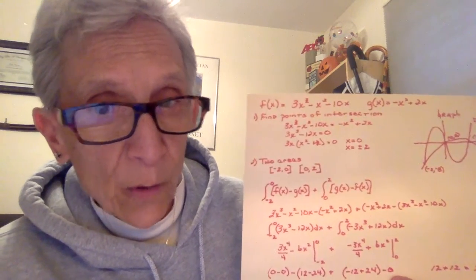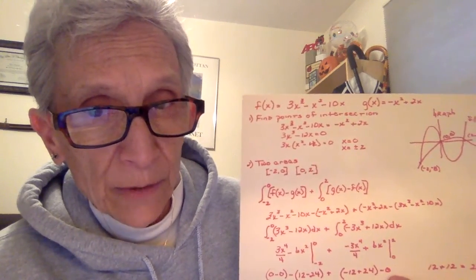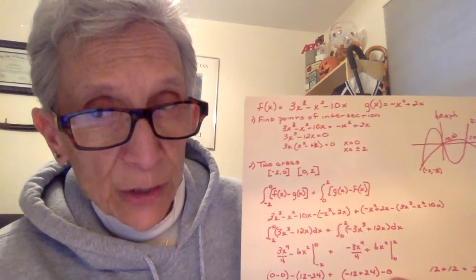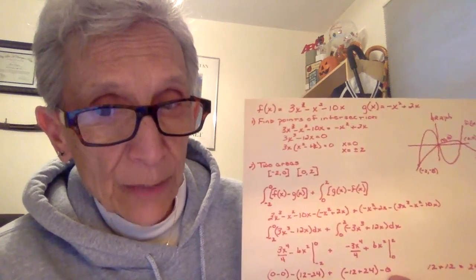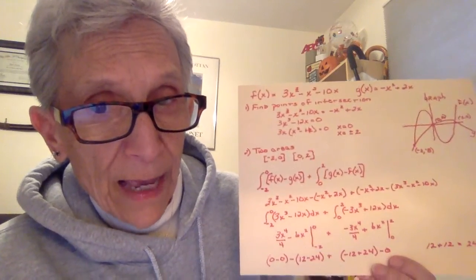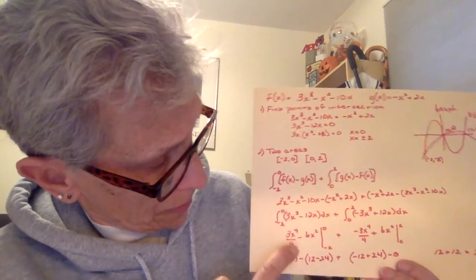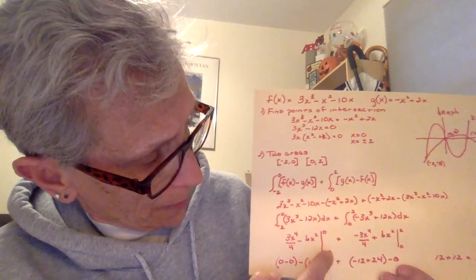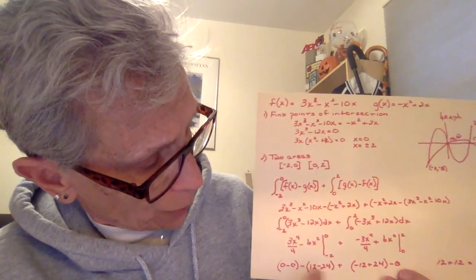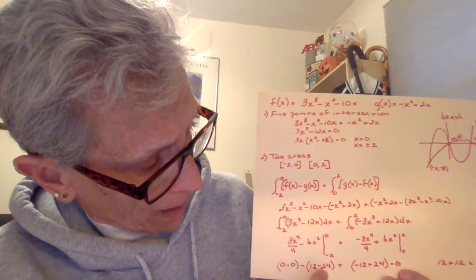Okay? So all I did first was find the points of intersection, then look at the two areas. You always say the top curve minus the bottom curve. So even since they switch position, you have to take them as two separate integrals. And then I plugged in 0 here, so 0. Then I plugged in -2, and I got 12 minus 24.